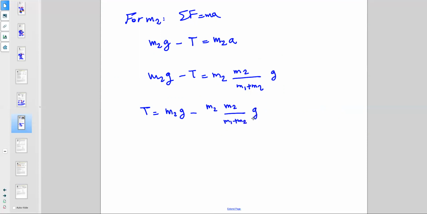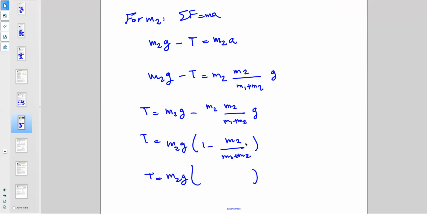times G. So T is, I can factor out M2G from both. So I have M2G times 1 minus M2 over M1 plus M2.